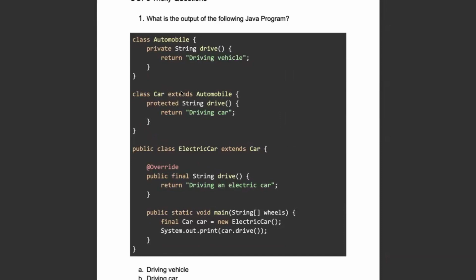First check whether overriding is executing correctly or not. If the function is properly overridden, then check if there is an upcasting. If there is an upcasting, that means the function that will be executed will depend on the object. It will not depend on the reference type. It will just check if car.drive is accessible.